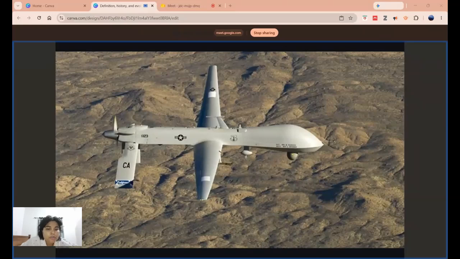So a UAV that we are talking about, this unmanned aerial vehicle, is also an aircraft, but it operates without a human pilot on board. Okay, so there is no pilot on board. It can be controlled remotely. Because there is no pilot sitting inside, somebody has to control it. And who controls it?